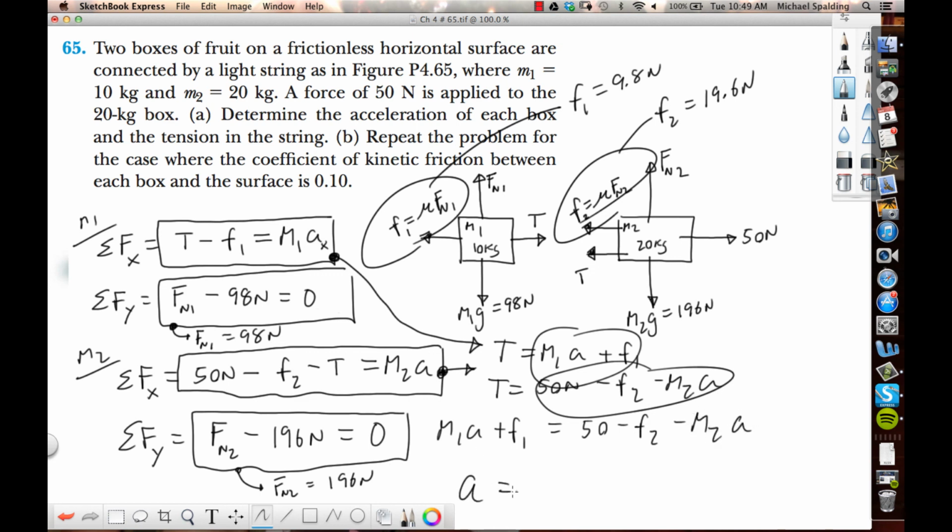Now we can solve this for a. A will be 50 minus friction 2 minus friction 1, divided by M1 plus M2. Check my algebra, is that right? You plug the numbers in and you get an acceleration of 0.69.